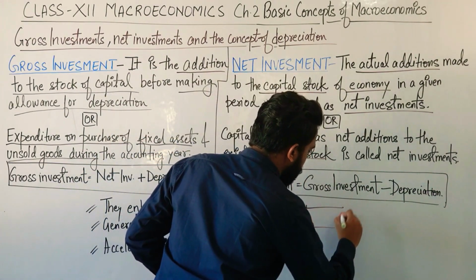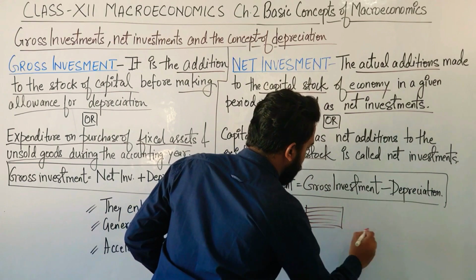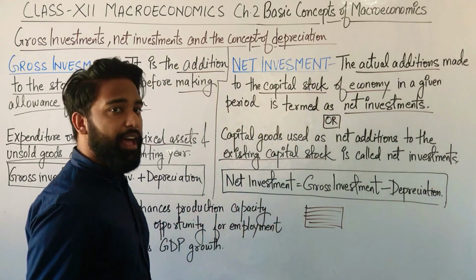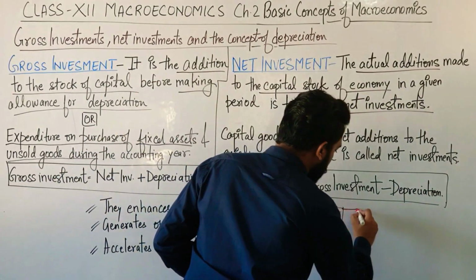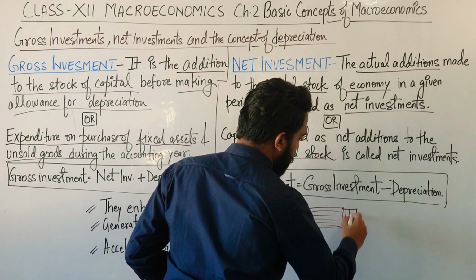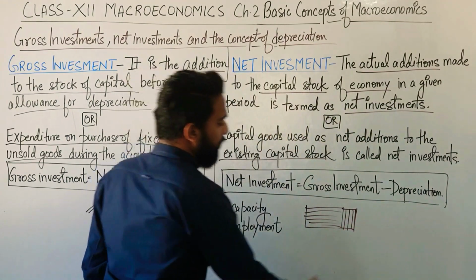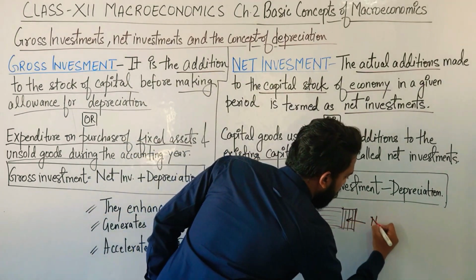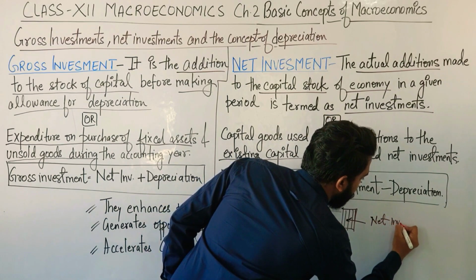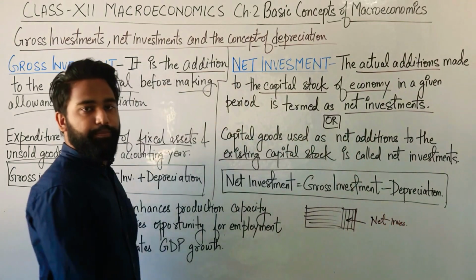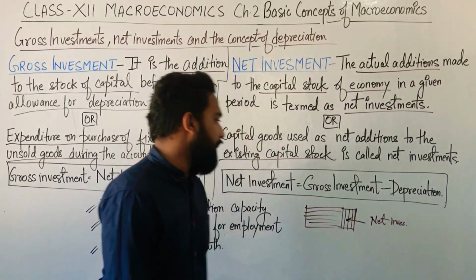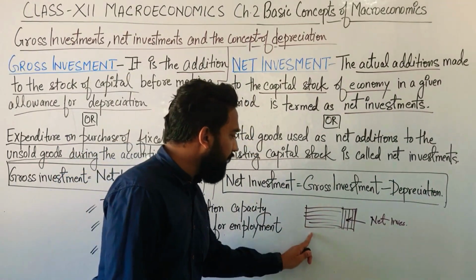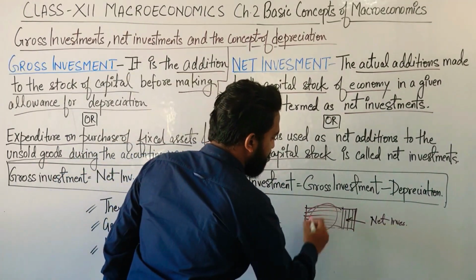Suppose this year we have this much capital stock and we have increased some more capital stock. Suppose this is the addition of the stock. Then this is the net investments.